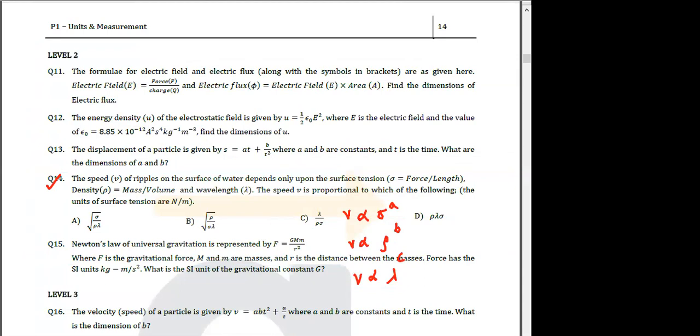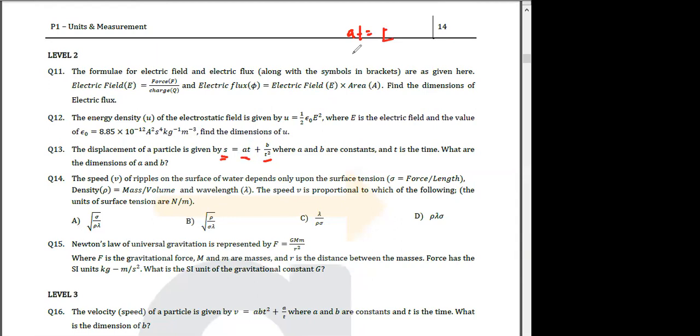Now let us see question number 13 once again. As we said, when you talk about dimensional analysis, these are two physical quantities which are getting added, so the dimensions of this and this should be the same, and equal to S. So the dimension of A T should be equal to the dimension of S. What's the dimension of length?